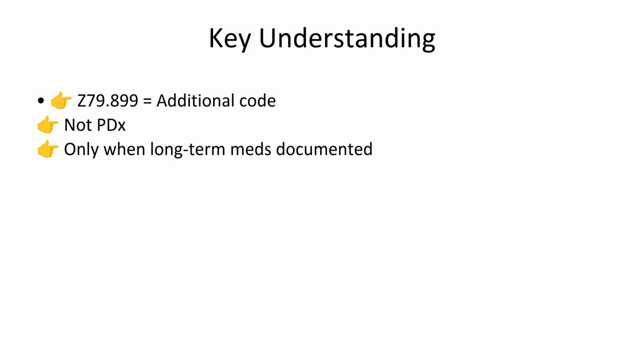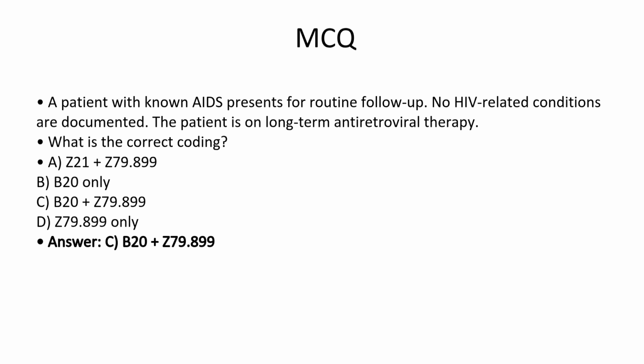Now, one important point. Z79.899 is always an additional code. It should never be used as the principal diagnosis. We assign it only when long-term drug therapy is clearly documented. If there is no mention of ongoing therapy, we should not assign this code. In this case, the patient already has AIDS, so we must assign B20.